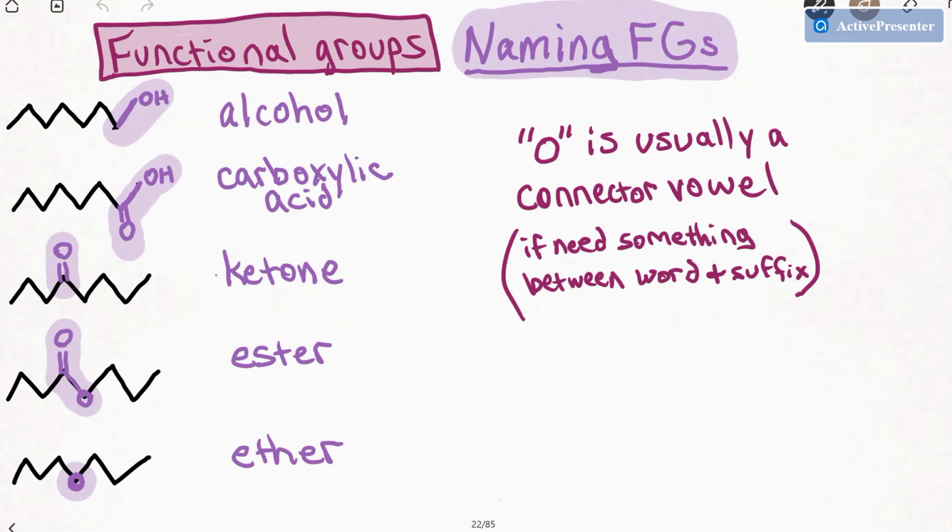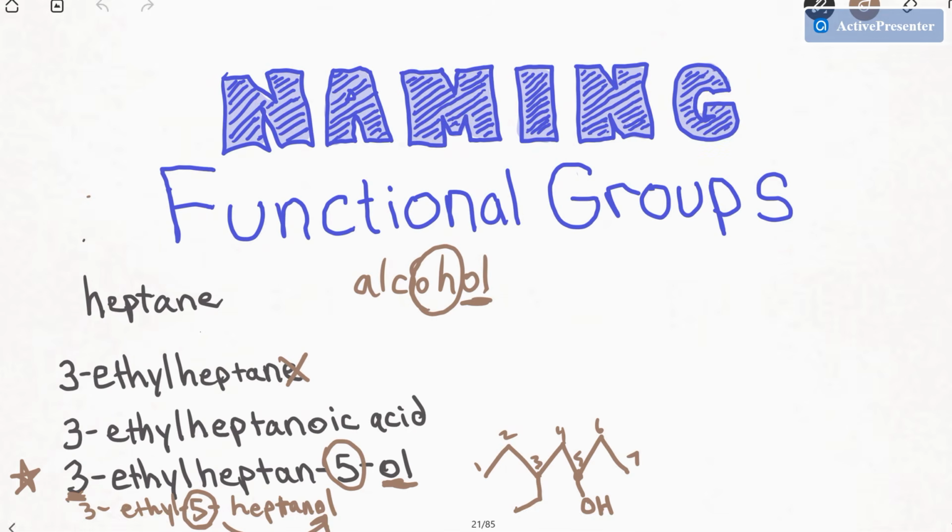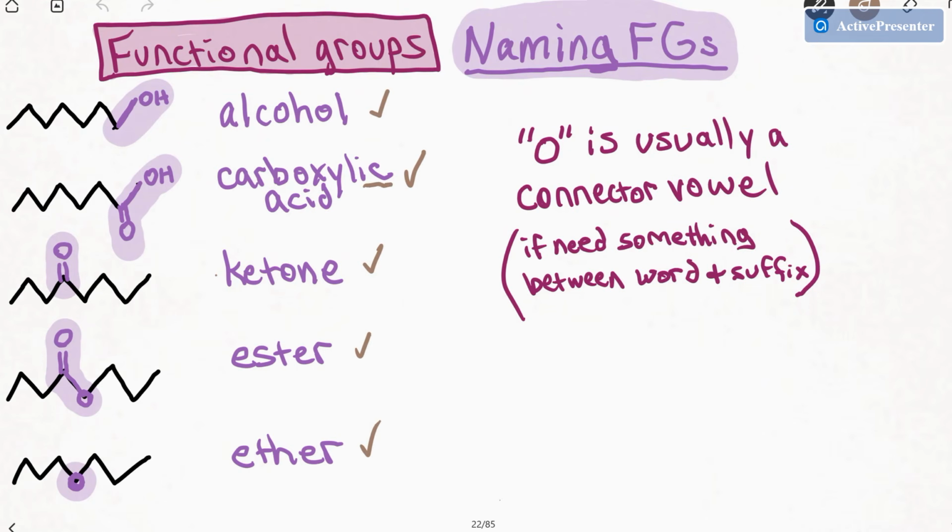Okay, so here is a rundown of the examples I've already gone over. We have alcohol, carboxylic acid, a ketone, ester, and ether. And just like we did previously with dropping the E off of the heptane and replacing that with a different suffix like ic acid for carboxylic acid, ol for alcohol, in the case where we need that word to flow a lot better, like when we made heptanoic acid, here's the heptane, and we dropped the E, but we don't want to go heptanic acid.